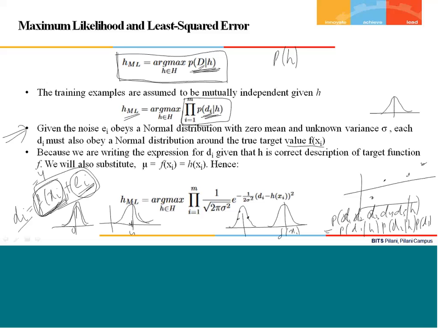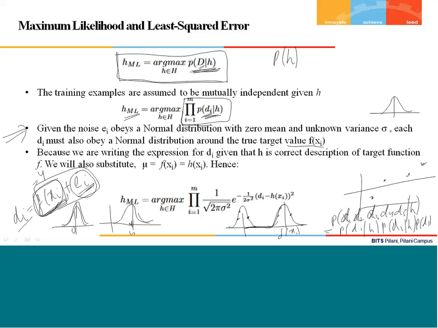Now you may pick this number, and the probability of picking that other number is very small, approximately 0, because of this distribution. So what this point is saying is, given the noise ei obeys a normal distribution with zero mean and unknown variance, each di must also obey a normal distribution around the target value f(xi). I hope this is clear to you now.